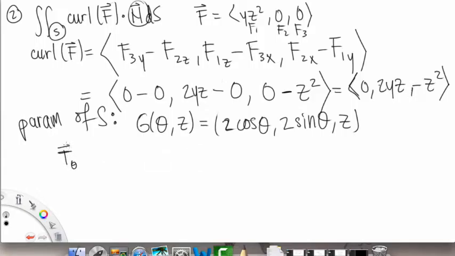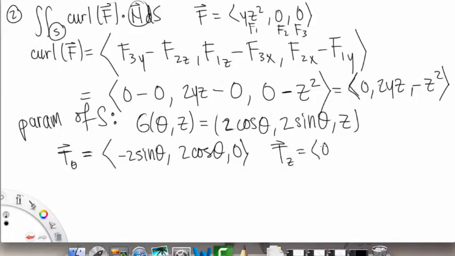So tangent with respect to theta, our tangent vector is going to be first derivative of the first component with respect to theta, so that's a negative 2 sine theta. And then for the second one, we have a 2 cosine theta, and the last component we have a 0. And then for t with respect to z, that's going to be a 0, a 0, and a 1. Alright, so now we're going to cross them and see what we get.